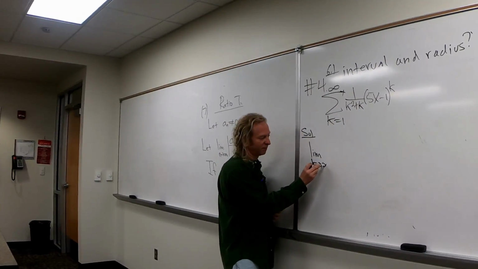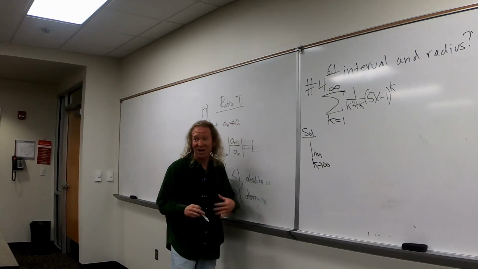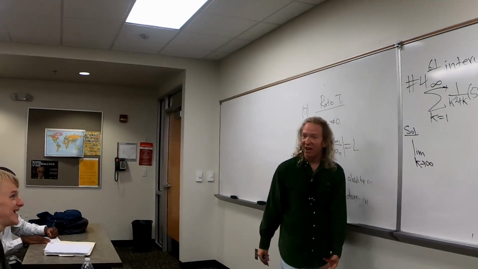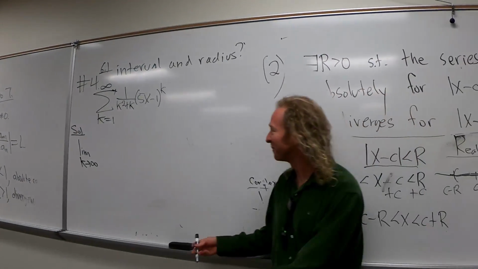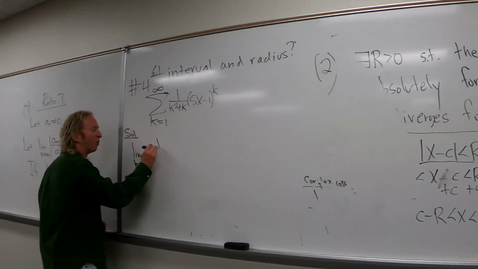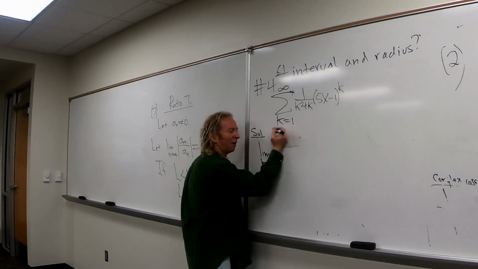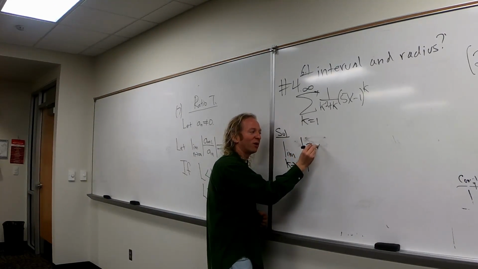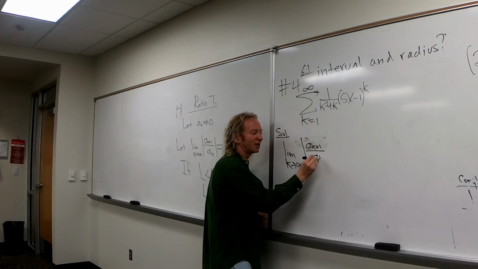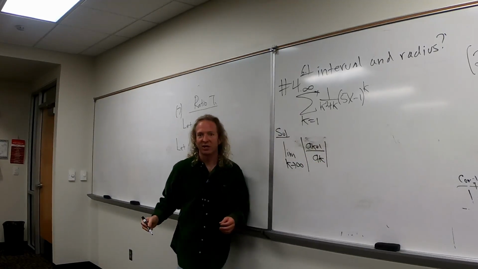This is problem number 4. So we have the absolute value of a sub k plus 1 over a sub k. That's the ratio test.